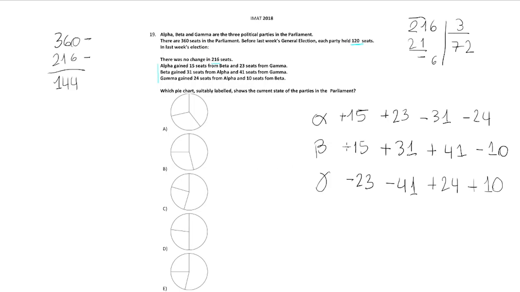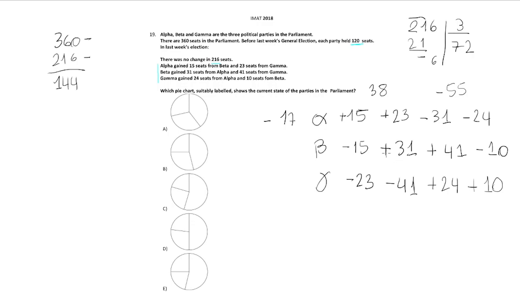Okay, so at this point we can add these numbers. We can see that this is 55, so we have minus 55, and this is 38. So if we sum this number up, we get 17, minus 17.